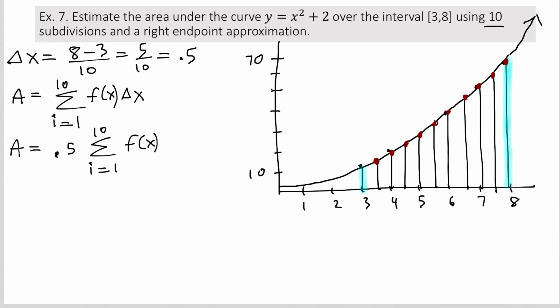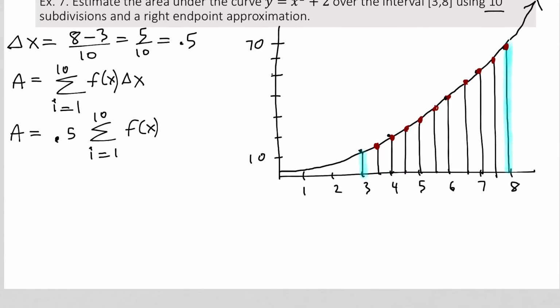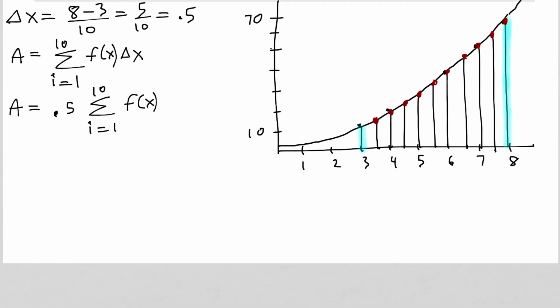All right, so for the right endpoints, that means I need to figure out, this is my curve, y is equal to x squared plus 2. So for my first endpoint, that would be at 3.5, I would need f of 3.5.